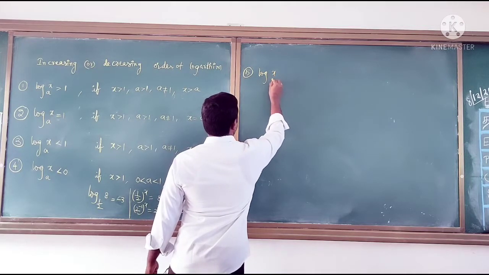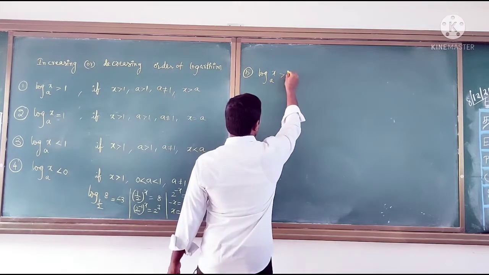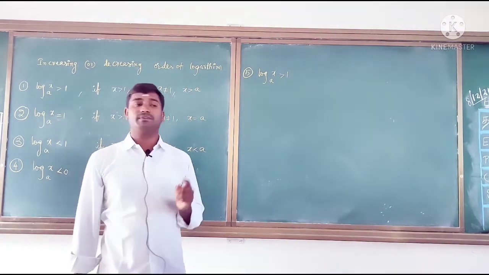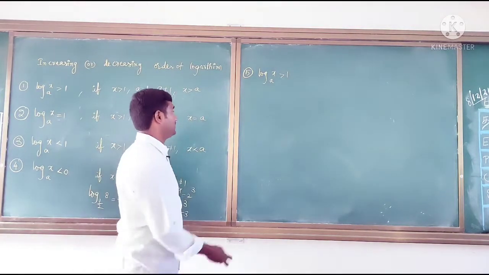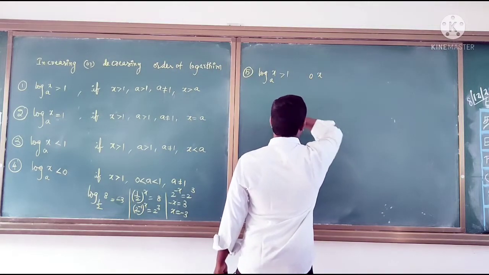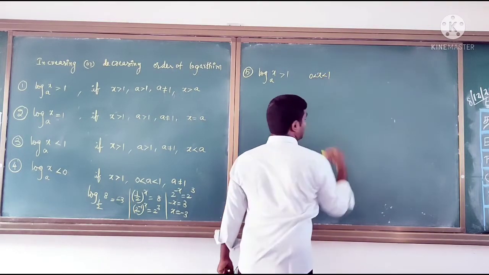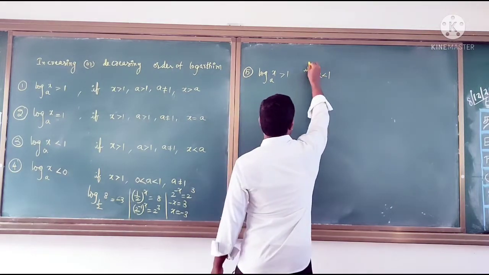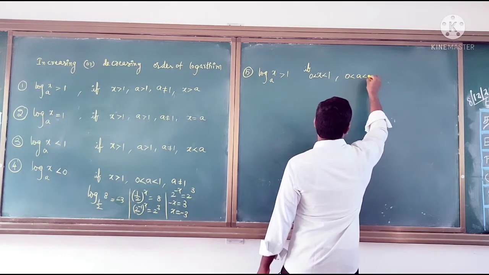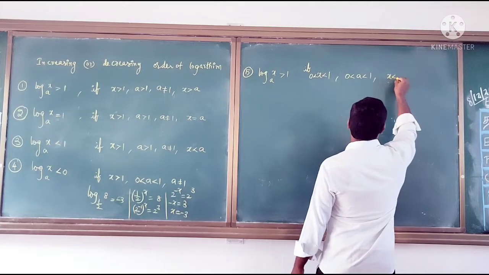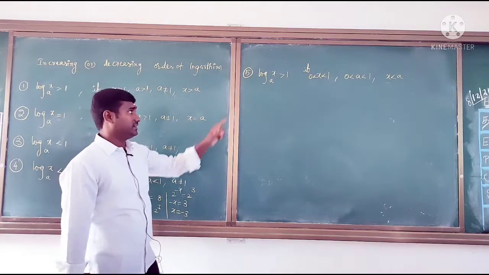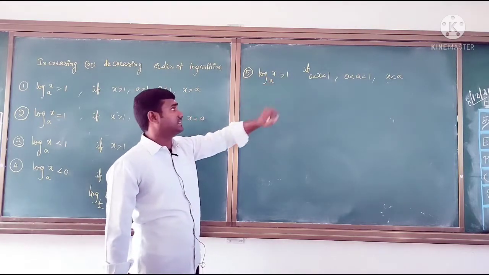Log x to the base a is greater than 1. So here there are two types of logarithmic numbers having value greater than 1. If x is greater than a, and if x lies between 0 and 1, a lies between 0 and 1, and x is less than a, then log x to the base a is greater than 1.